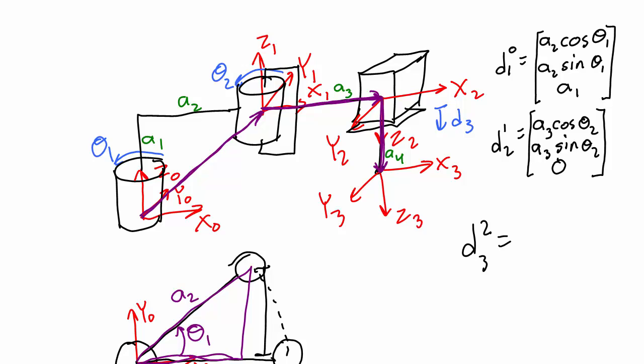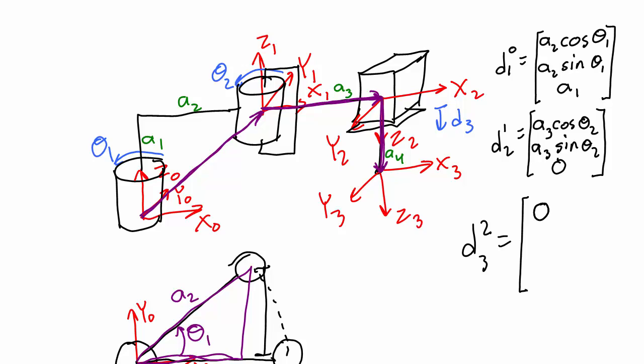Right now, the displacement from frame 2 to frame 3 is equal to the link length A4 in the z direction. But this distance is going to increase as d3 becomes large and this prismatic joint extends. So we can write the displacement between frames 2 and 3 like this.